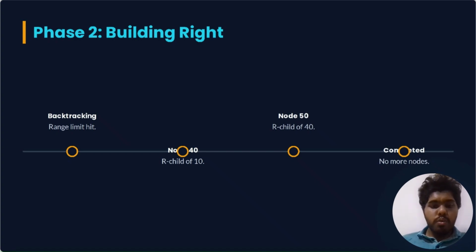We go all the way back to the root. 40 is between 10 and positive infinity. So it becomes 10's right child. Finally, 50 is between 40 and plus infinity. So it becomes 40's right child.